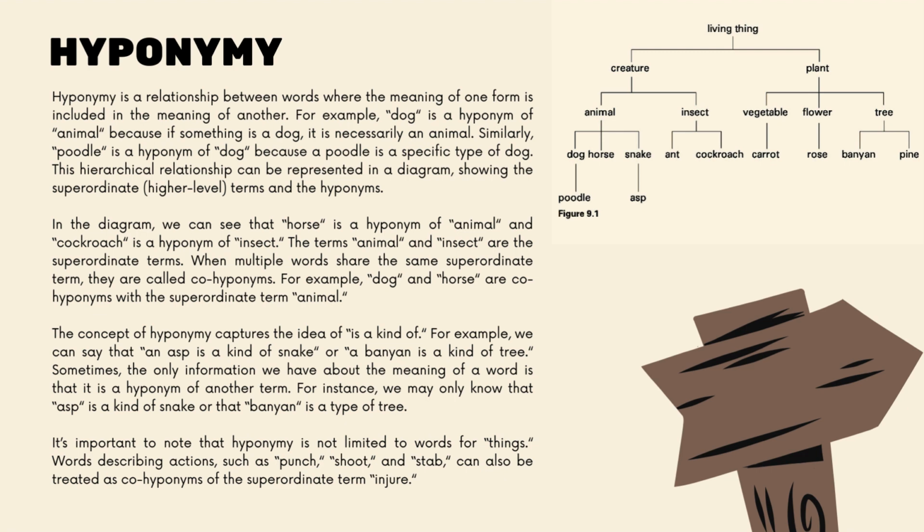For instance, we may only know that asp is a kind of snake or that banyan is a type of tree. It's important to note that hyponymy is not limited to words for things. Words describing actions such as punch, shoot, and stab can also be treated as cohyponyms of the subordinate term injure.